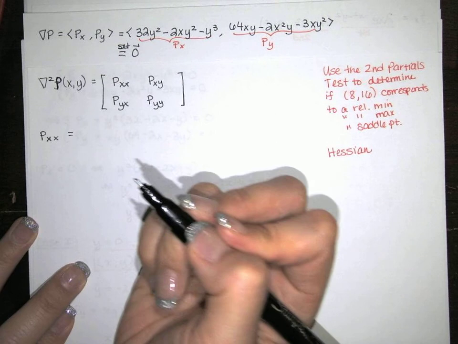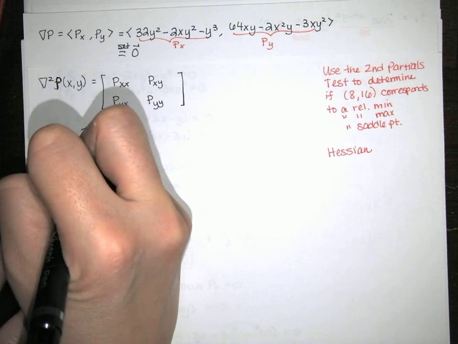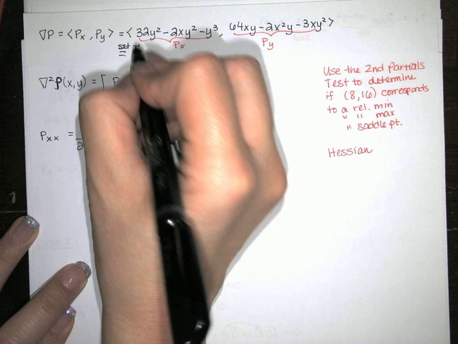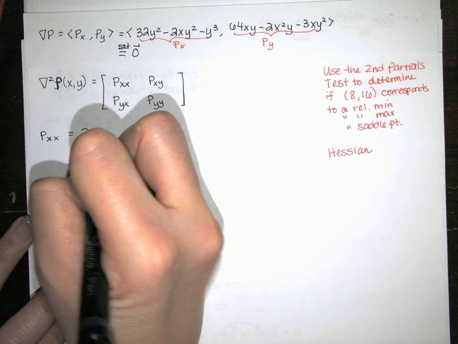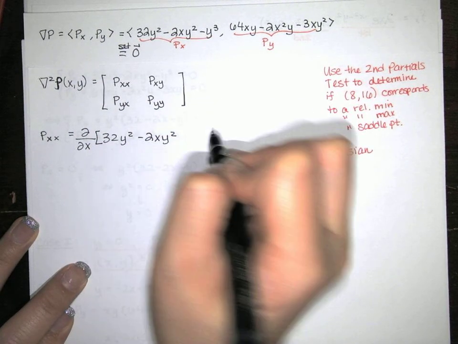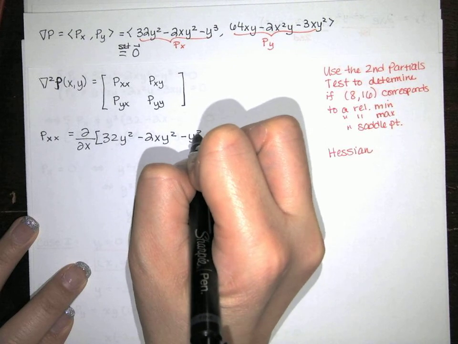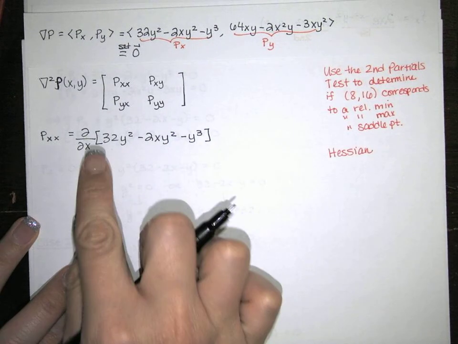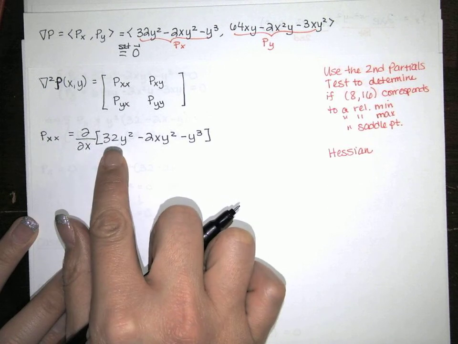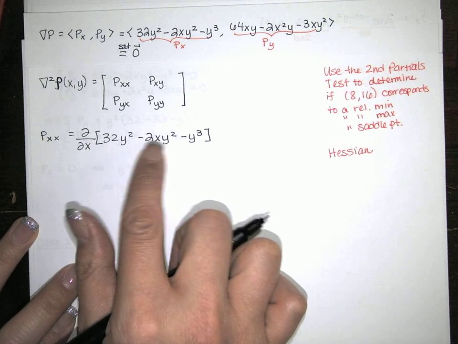So to find the second partial with respect to x, we take the partial with respect to x of the first partial with respect to x. So I'll just write that in right here. 32y squared minus 2xy squared minus y cubed. That has no x's in it, so it's constant with respect to x, so we get 0. Here I've got a constant times x.